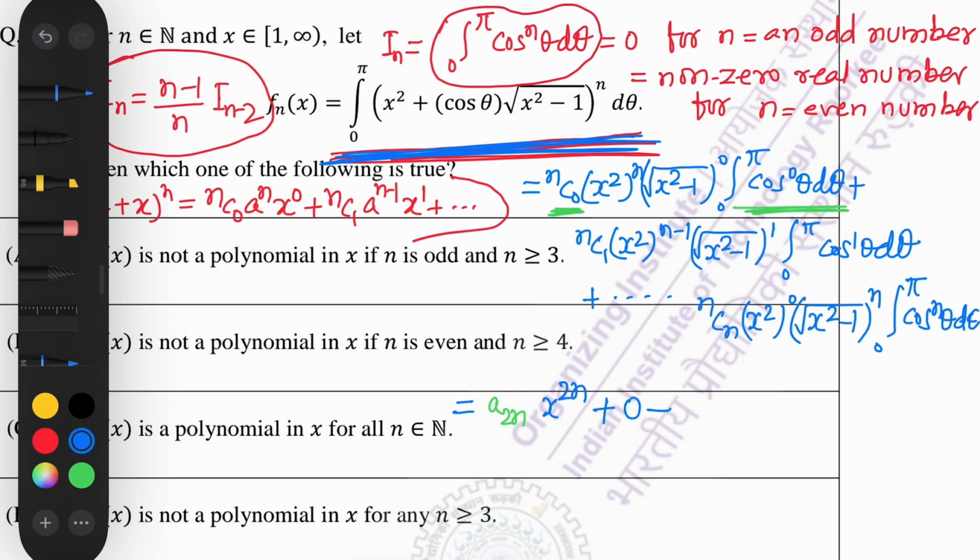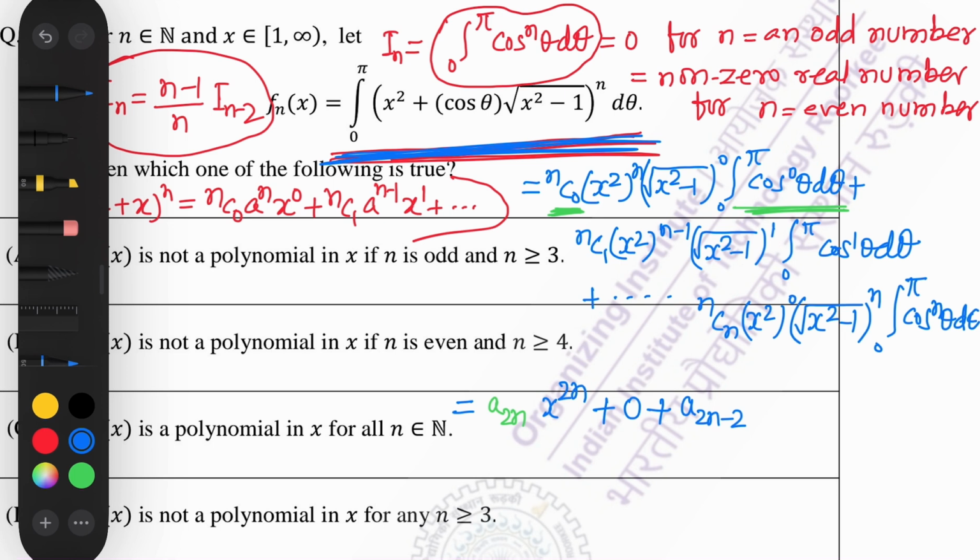And for the third term, if you go in the same way, it will be like this. I write here a real number, and you know, for an even number the integration is a real number, and nC2 is a real number. So the product of two real numbers is again a real number.